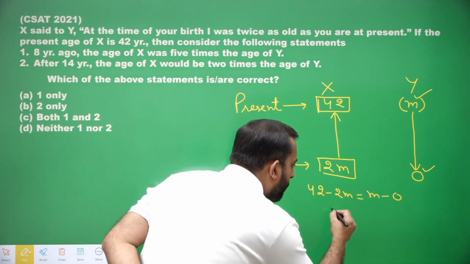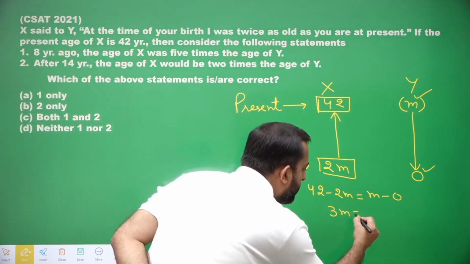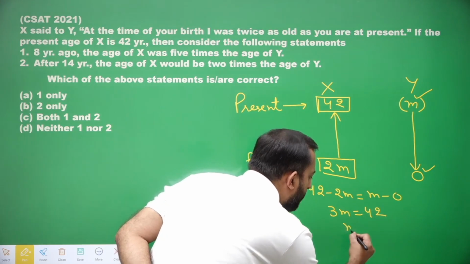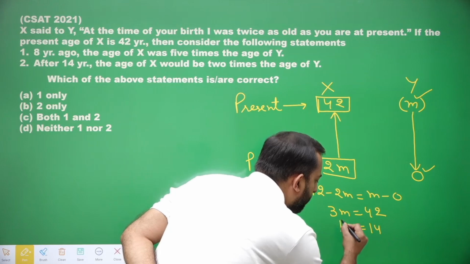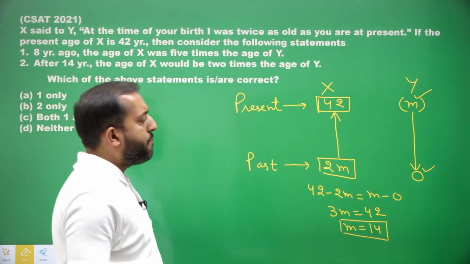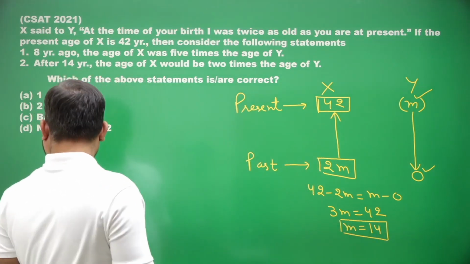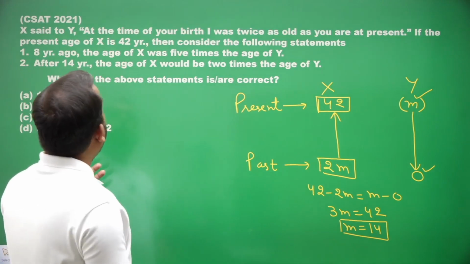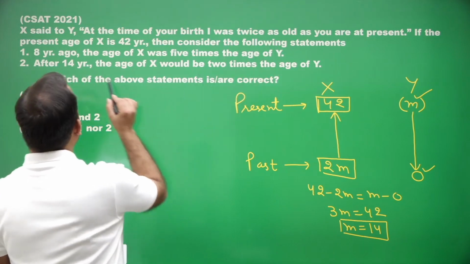If we solve this from here, I can say 3m is equal to 42 and m comes out to be equal to 14. Value of m is what? 14. Next statement says, then consider the following statement.